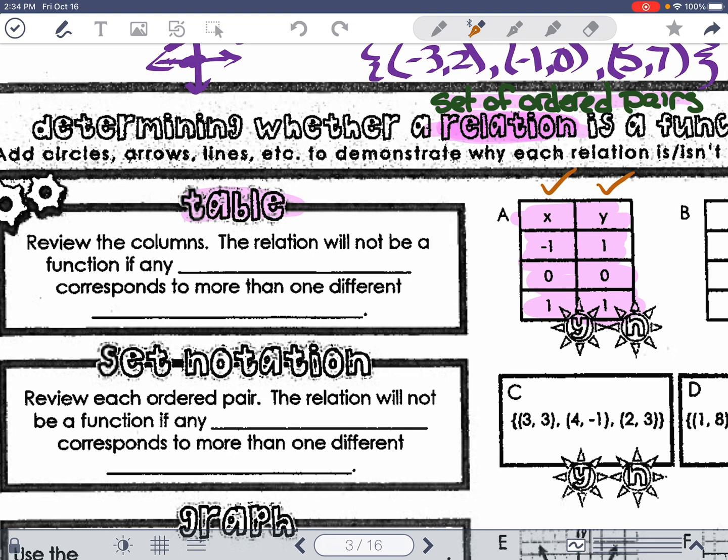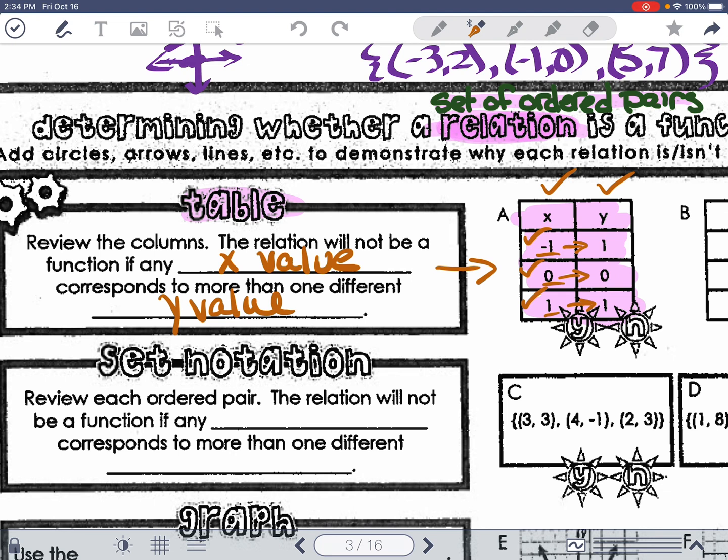The relation will not be a function if any x value corresponds to more than one different y value. So let's take a look. We have -1 corresponding to 1, 0 corresponding to 0, and 1 corresponding to 1. All three of these x values are different, therefore we have a function.